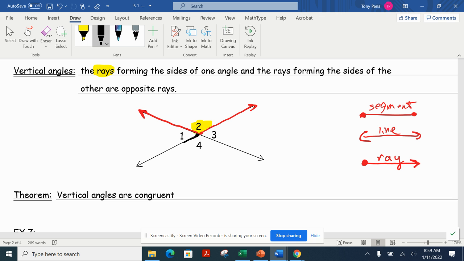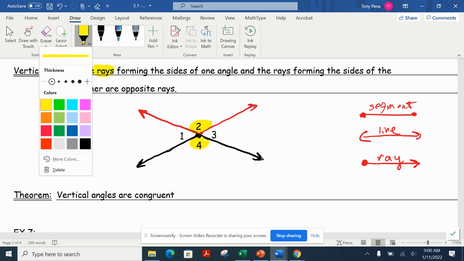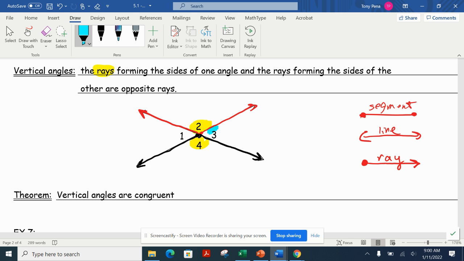This ray right here is opposite of this one, and this ray right here is opposite of that one. So we have two red ones that create angle 2, and opposite of those, we have rays creating angle number 4. The angles formed by those opposite rays are what we would call vertical angles.